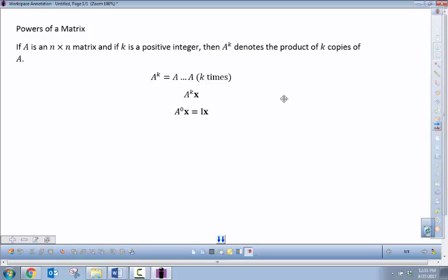We have to multiply the matrix by itself a number of times. And in doing so, we need to make sure that the matrices are of the same size. We ensure that they're going to be the same size if it's a square matrix. So we have to make sure that we're dealing with a square matrix, and then the powers are denoted the same way we denote powers. It's just repeated multiplication.